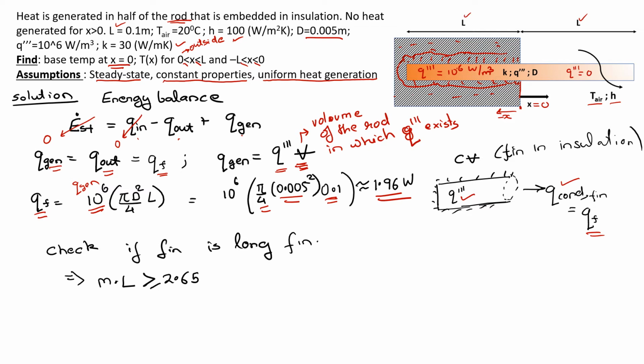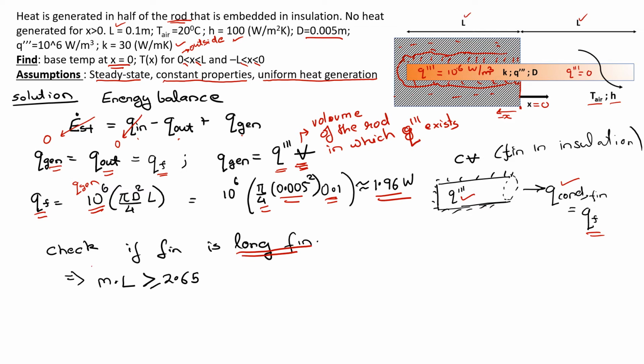Okay, so to use the equations that are given in the table in chapter 3, we first need to see if we can use the equation for the infinitely long fin, which is also called a long fin.